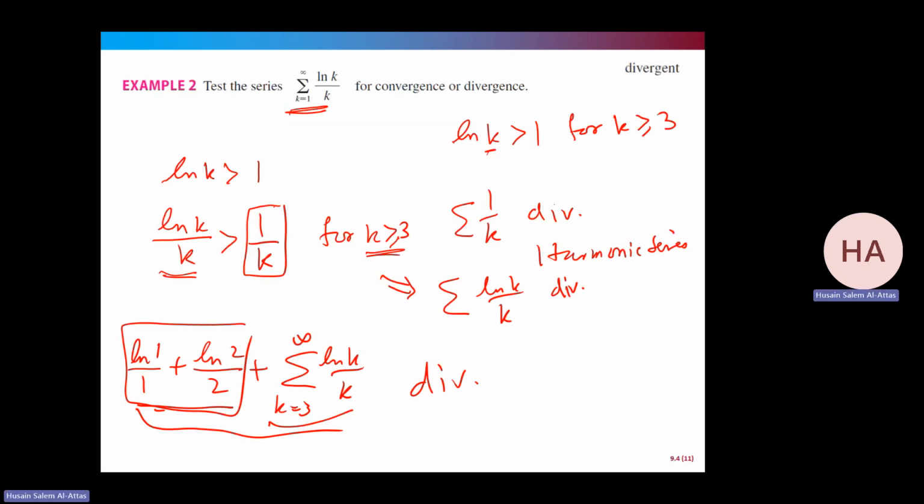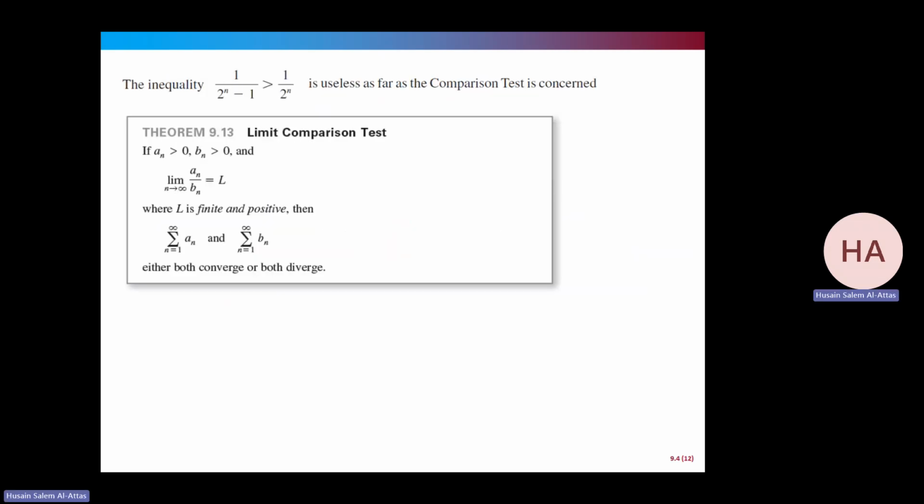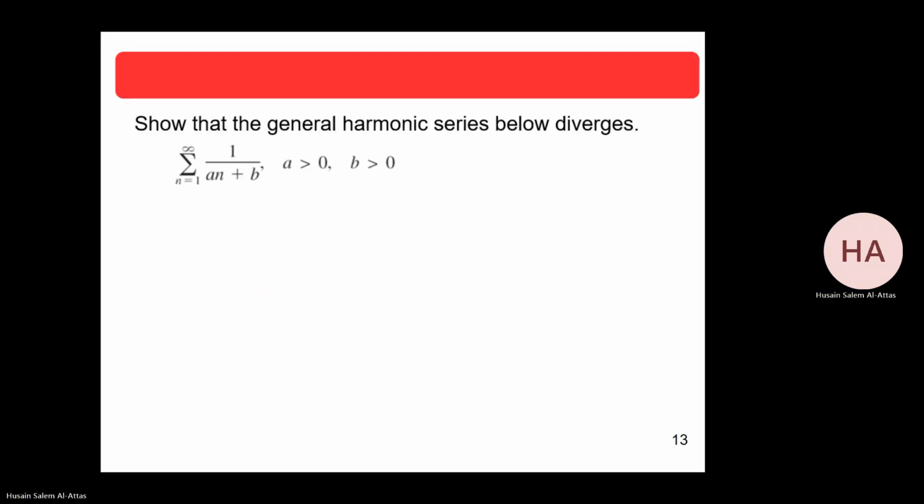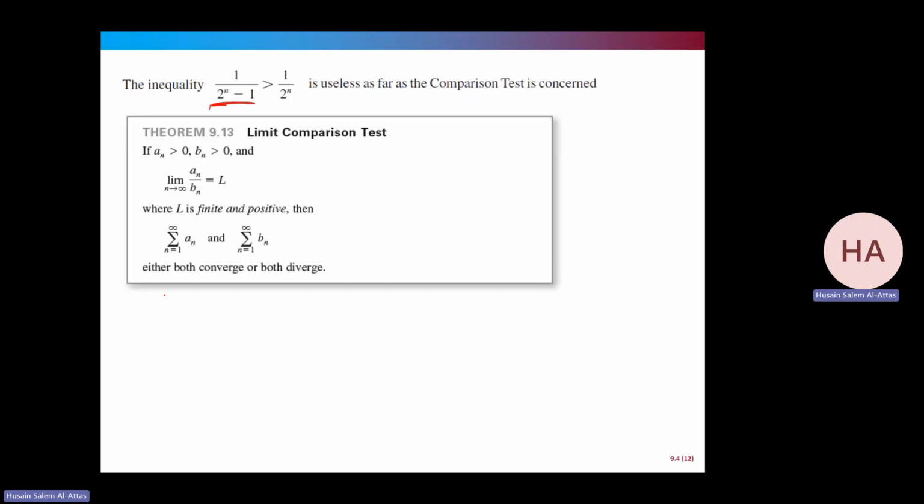Now we'll go to the next comparison test, which I think is easier. Why do we need this? Look at this one: 1 over 2 to the power n minus 1 is greater than 1 over 2 to the power n. That will not help, I got no conclusion.